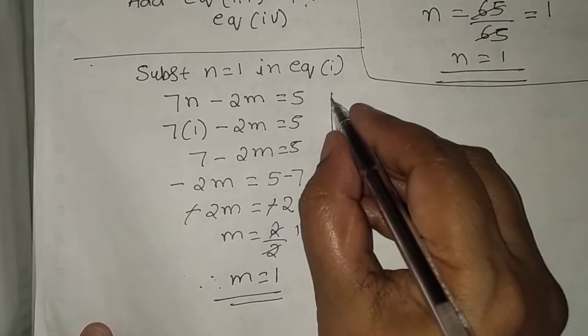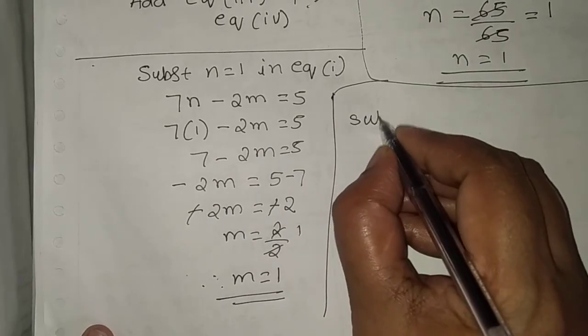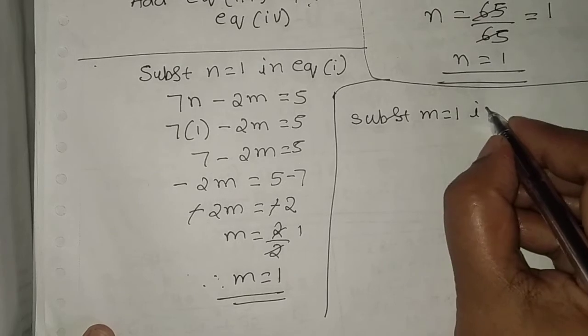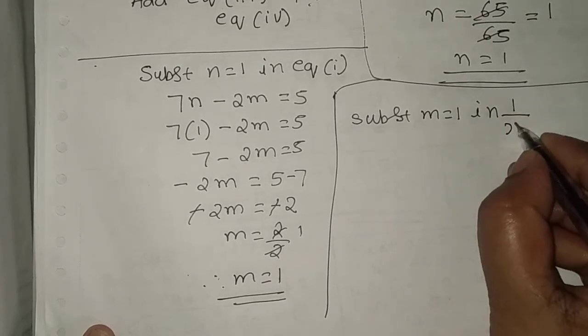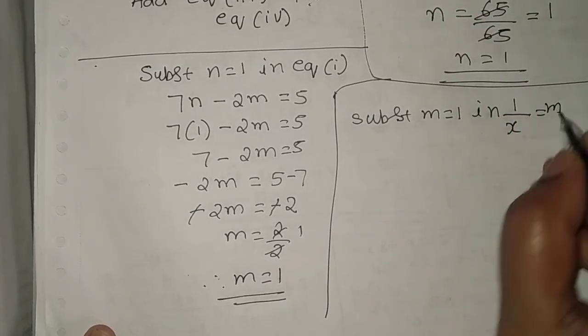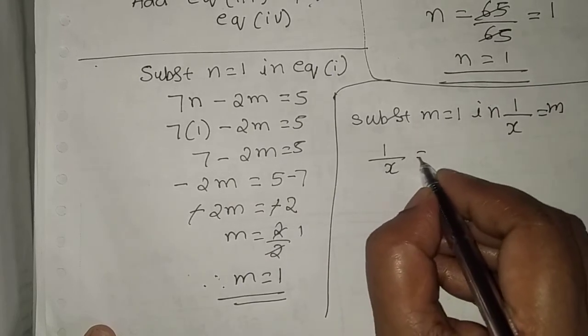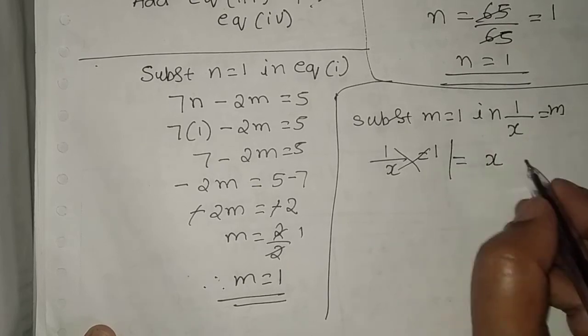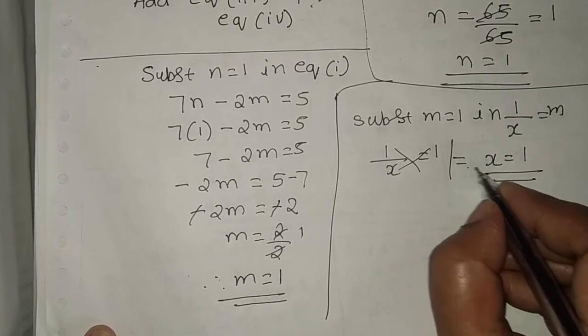So after this, substitute m is equal to 1 in 1 by x is equal to m. Therefore 1 by x is equal to 1. Cross multiply this, we'll get x is equal to 1.